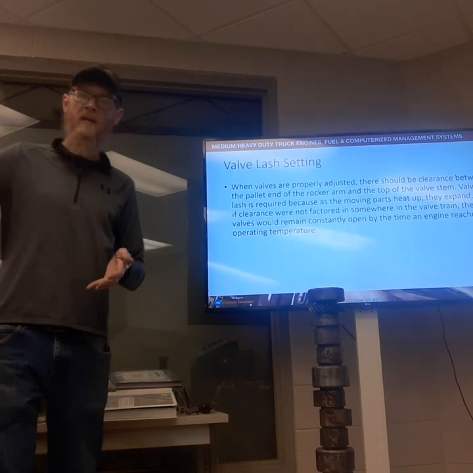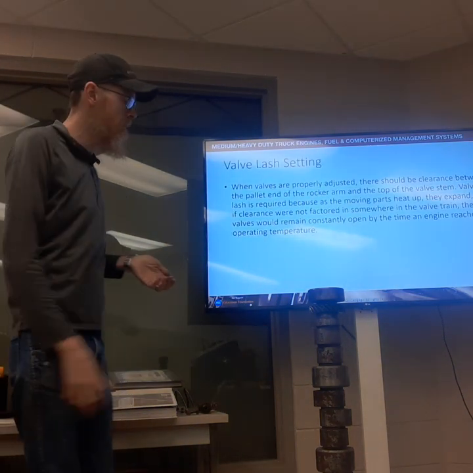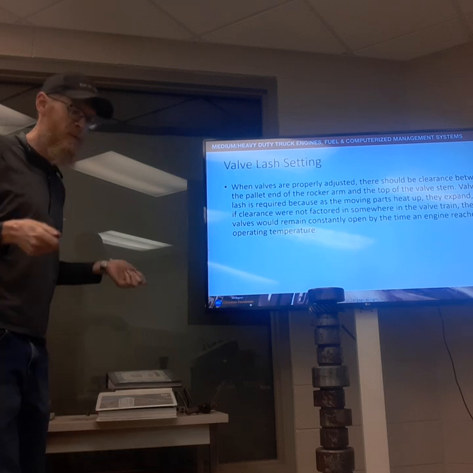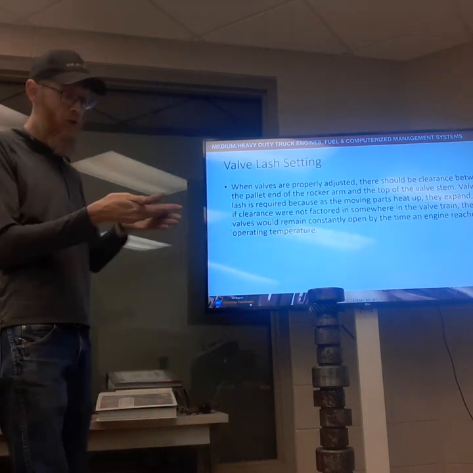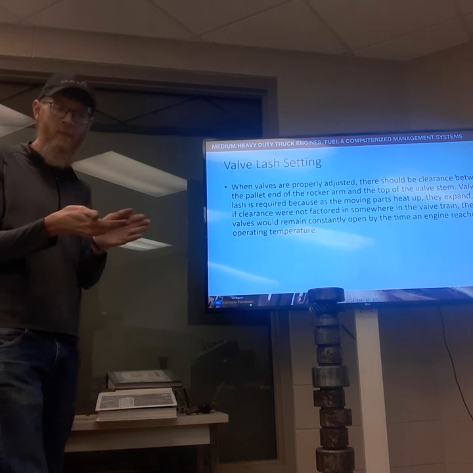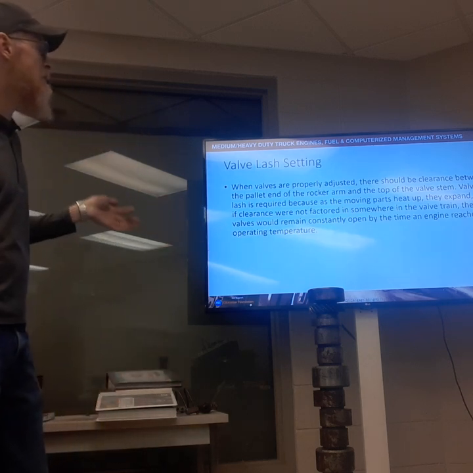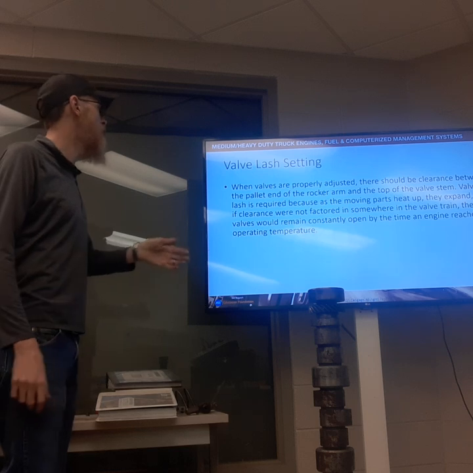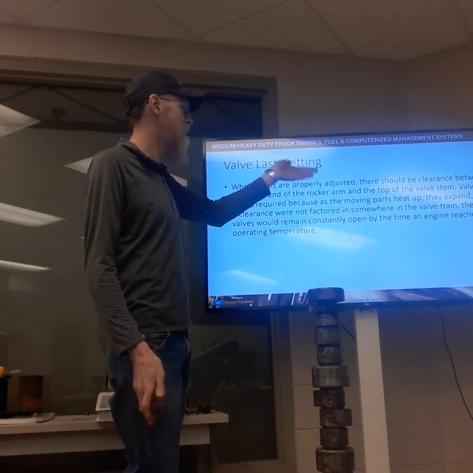With the EMD style engine that we looked at out in the shop, there are special tools called go and no-go gauges that are used to measure the play between the rocker arm and the valve. But when valves are properly adjusted, there should be clearance between the pallet end of the rocker arm and the top of the valve stem.